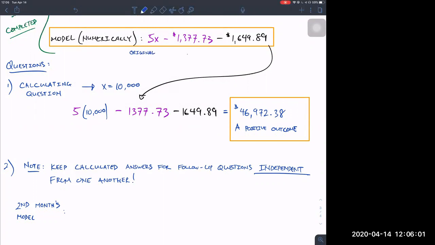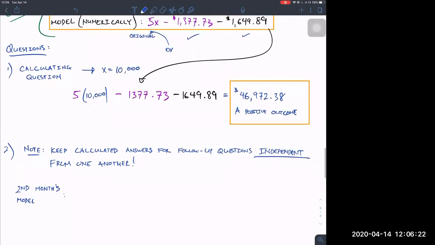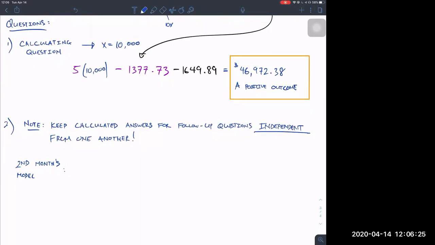Do I still have a monthly expense to put away to hit my goal of $1 million? Yes. Do I still have a lease to maintain? Yes. But now this 5 is what has changed. It changes to 10x now, and all you have to do is rewrite that for the second month. So here it would be 10x now, and your expenses stay the same.